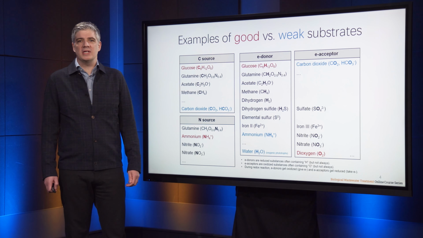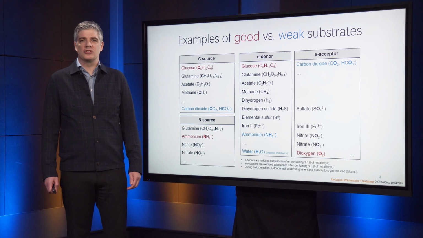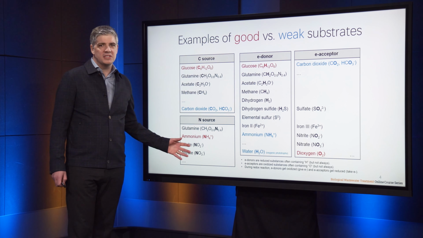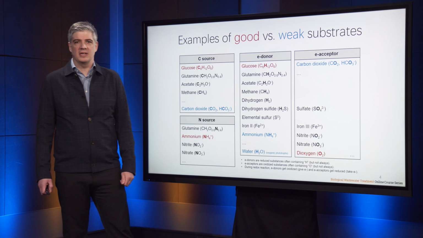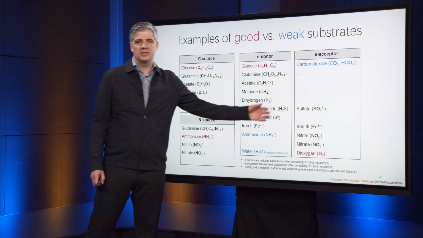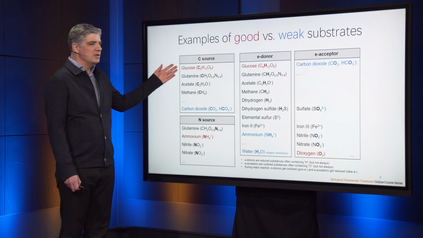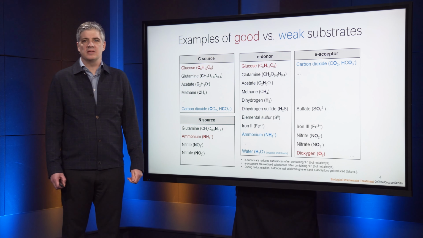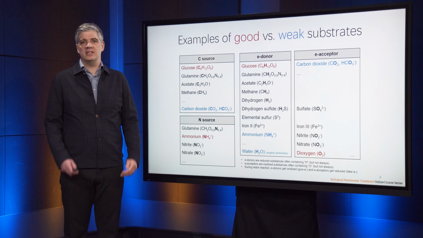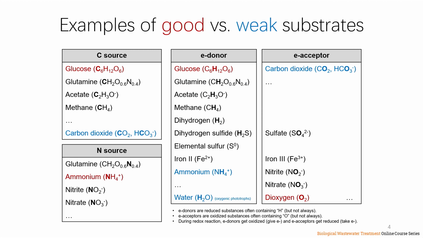This table illustrates examples of carbon and nitrogen sources on the left and electron donors and acceptors on the right. Reduced compounds like acetate or glucose are good carbon sources. They are already in a reduction state close to biomass. The degree of reduction is the amount of electrons contained in a substrate.